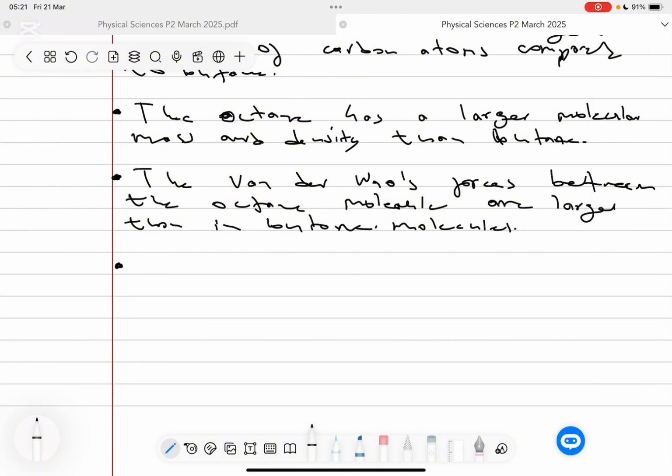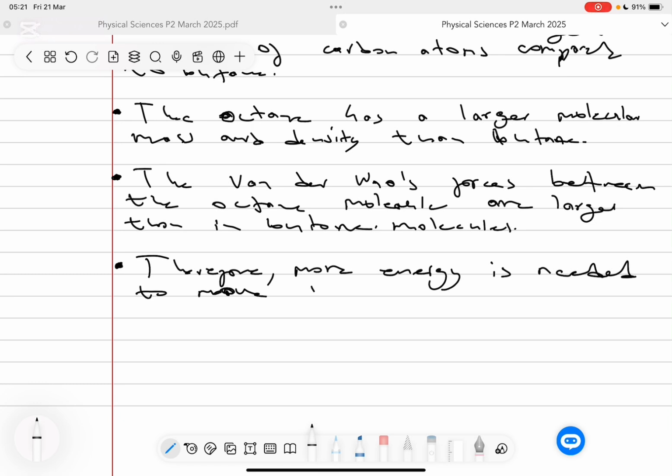And we can then conclude to say, therefore, more energy is needed to move the octane molecules. And the melting point will therefore be higher.